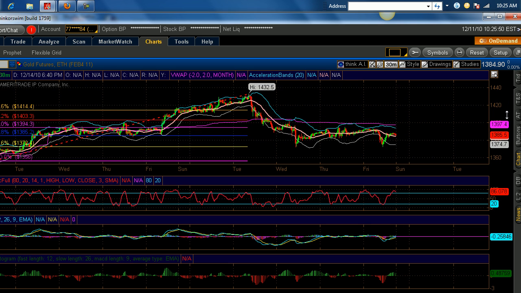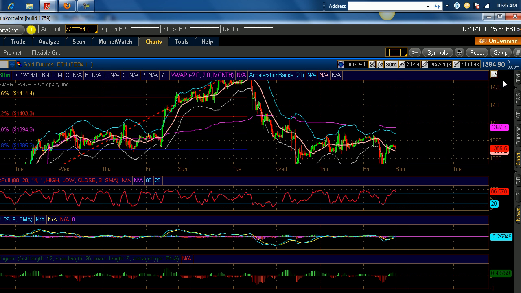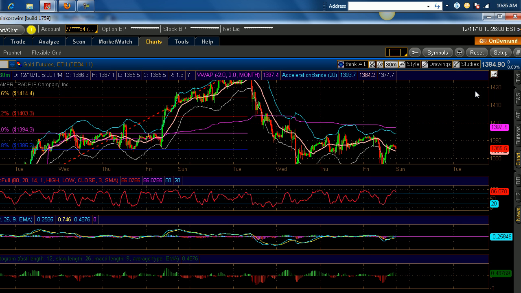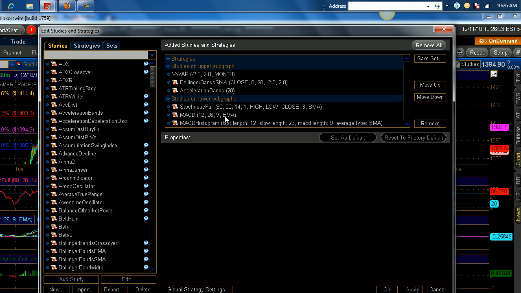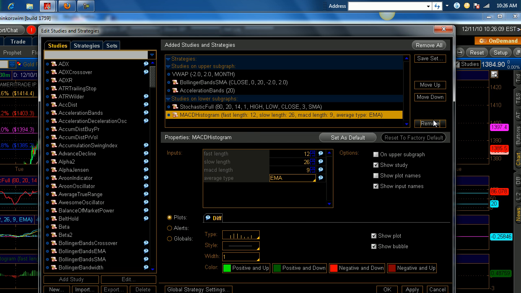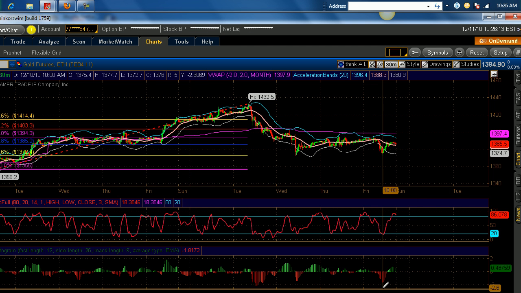Let me tighten this up. 1356.2 and 1432.5, close enough. Okay, and I am going to remove this MACD so we can really get a good idea of what we've got here. There we go. I like to have room on my charts to look.